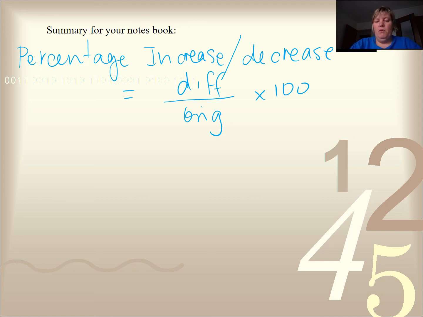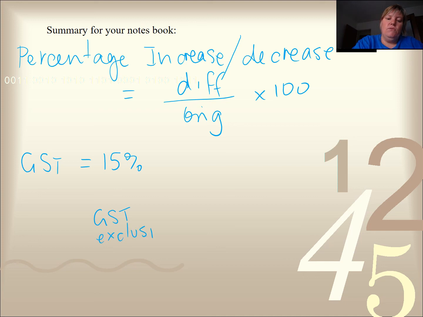The second thing we need to know is GST is 15%, and if we have GST excluded or exclusive, and GST inclusive, then in order to put it on, I have to times by 1.15, and to take it off, I have to divide by 1.15, and the difference is the actual tax I pay.